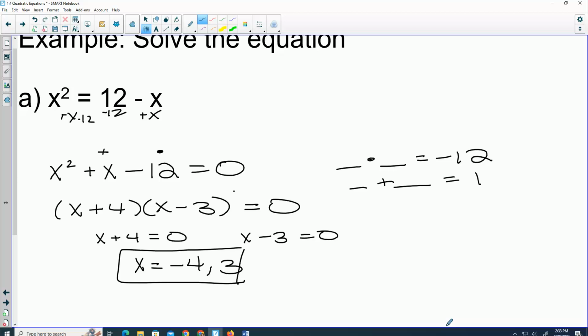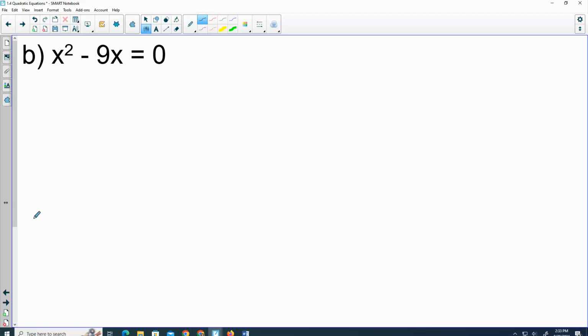All right. Let's try another one. It's already equal to 0.